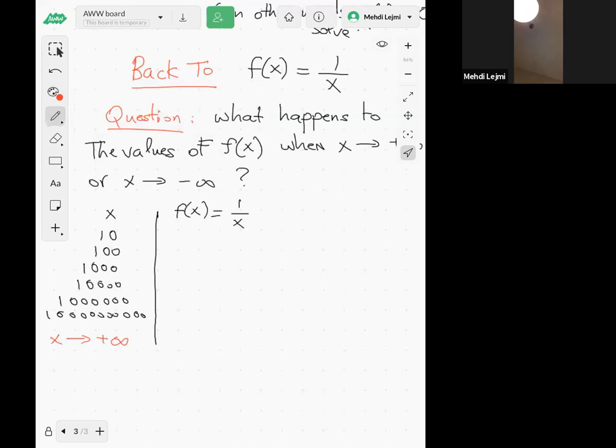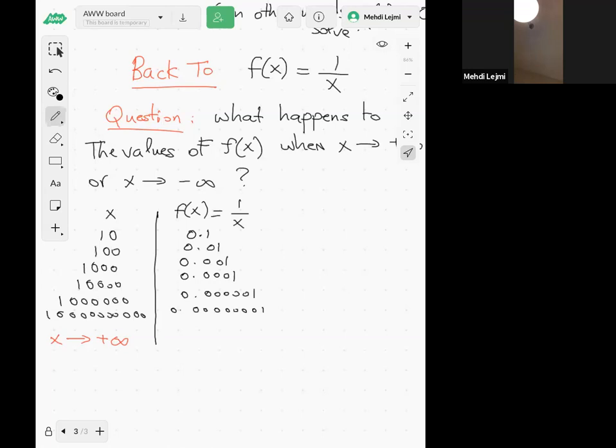Now, what happens to the values of f? Let's see. 1 over 10 is 0.1. 1 over 100 is 0.01. 1 over 1,000 is 0.001. For 10,000, that would be 3 zeros and 1. For 1 million, there'll be 5 zeros and 1, and for 1 billion, I think 8 zeros and 1.